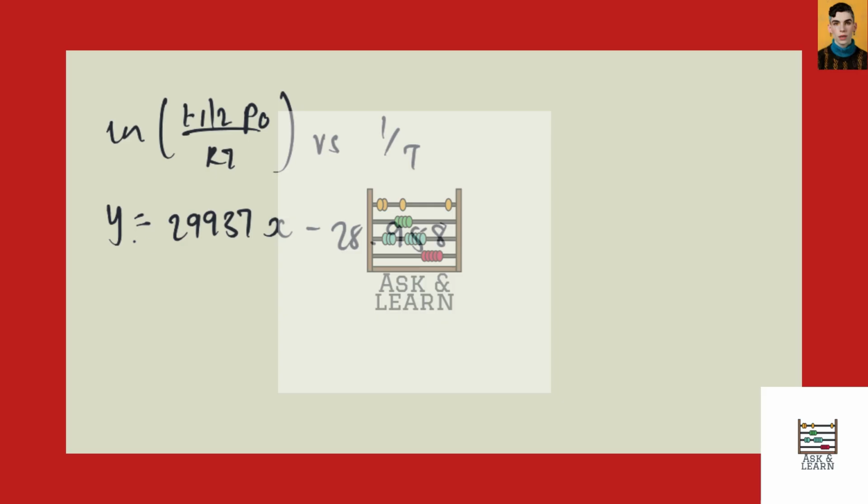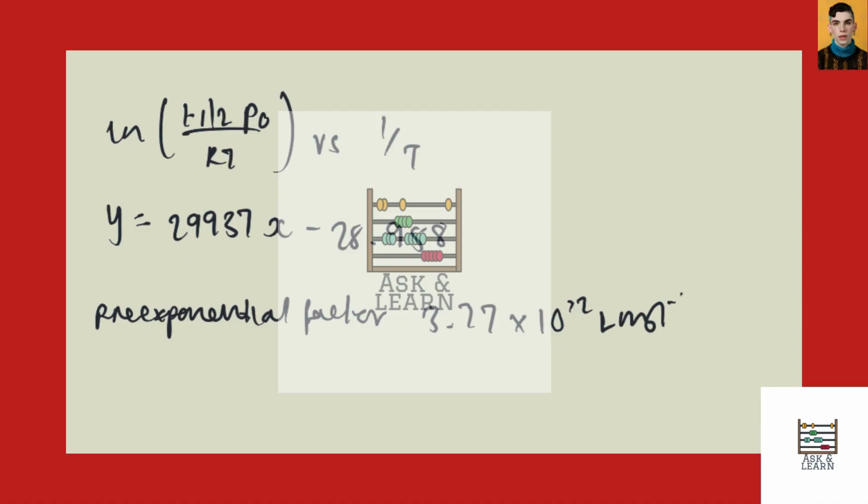And so we can solve for the pre-exponential factor as a result of this. It is 1.77 times 10 to the 12 litres per mole per second, and the activation energy, Eact, is 2.49 times 10 to the 5 joules per mole.